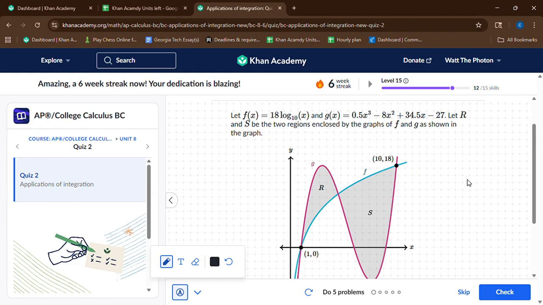We'll have, say, 0 to 20. That's reasonable. We'll have 0 to 12. Sure. We'll graph the function.